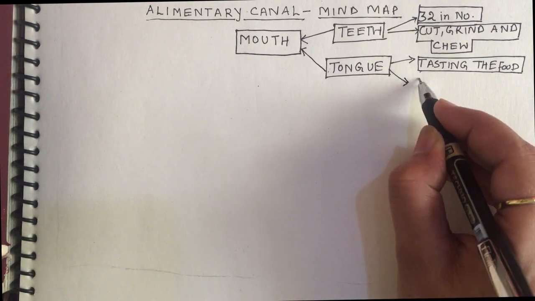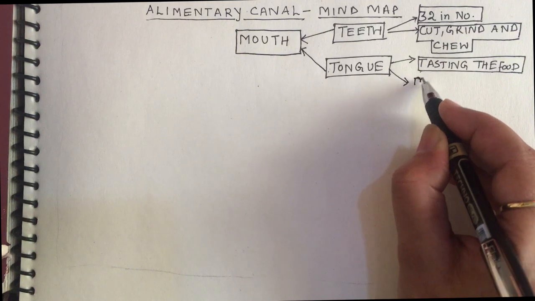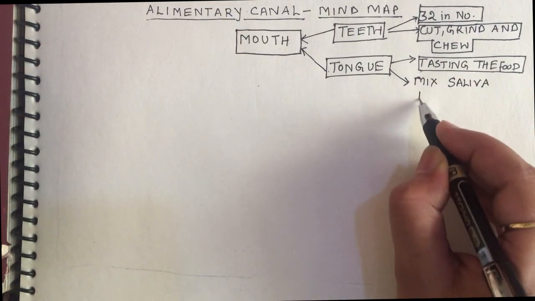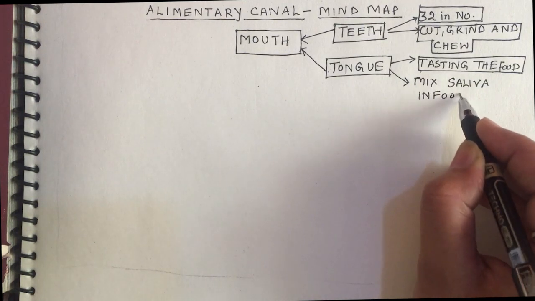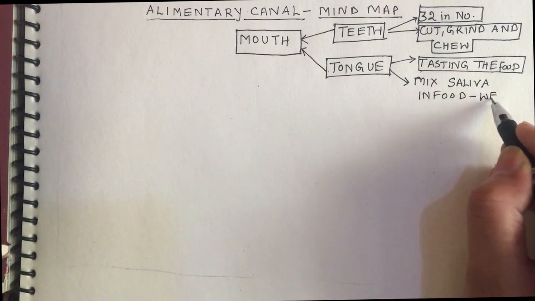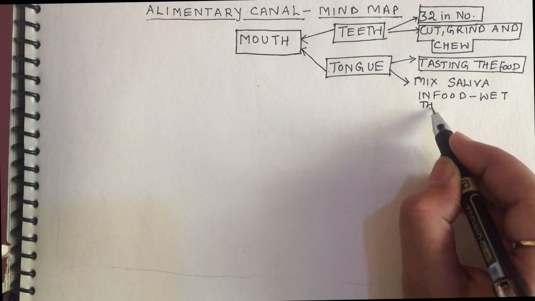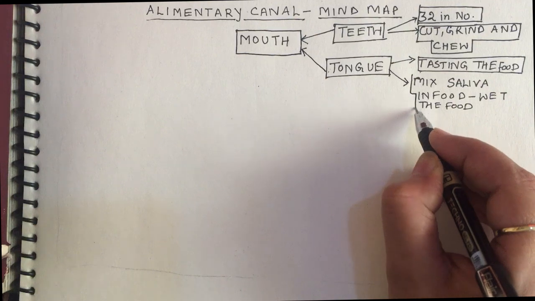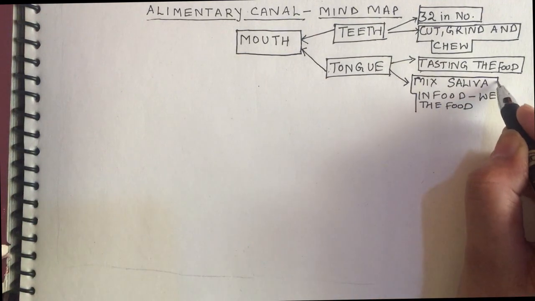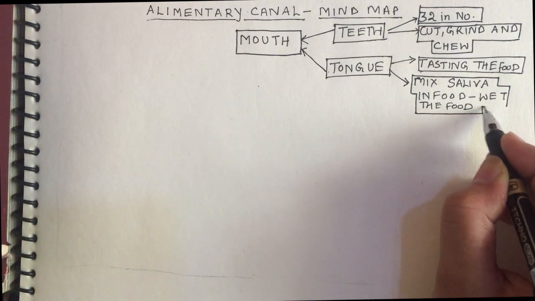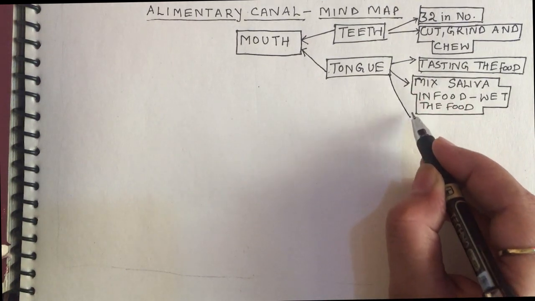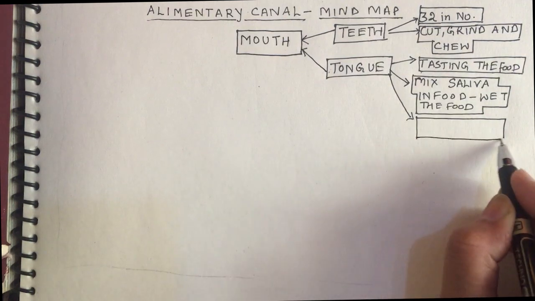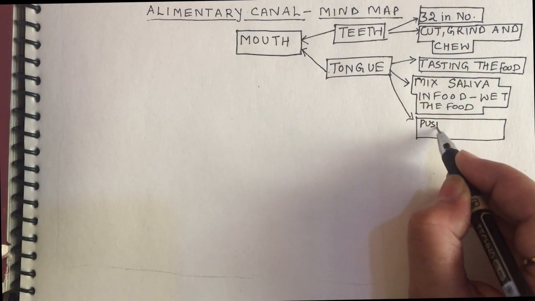It helps to mix saliva in food and hence wet it, so that it can encircle in mouth easily. And the third thing the tongue does is to push the food inside the food pipe.